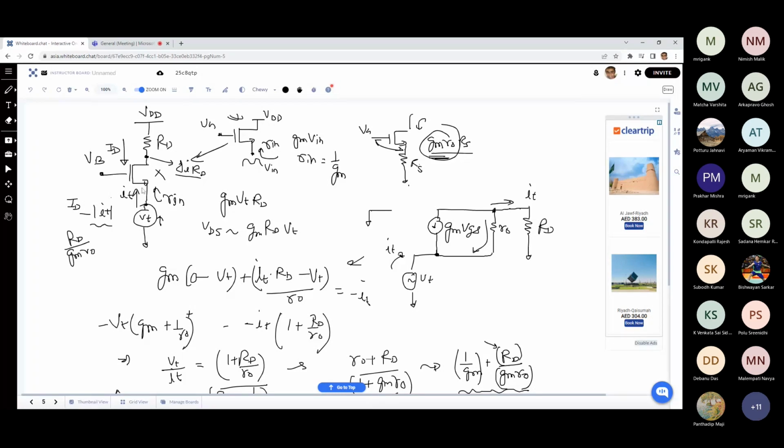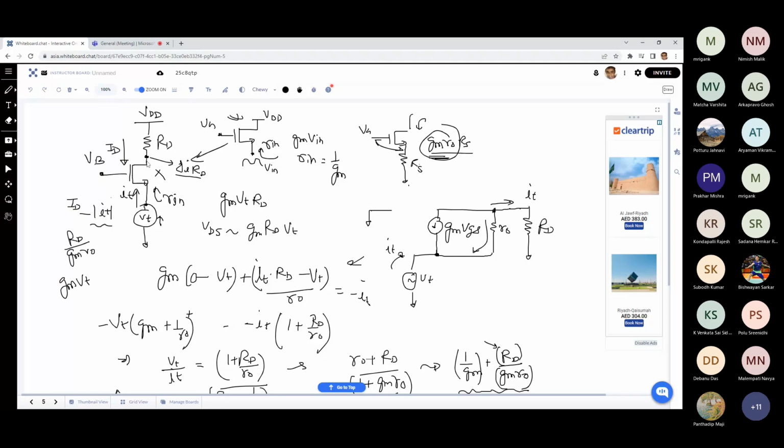And that basically means that if the impedance is getting reduced, then for a given VT, my IT should increase. And that is happening because you are applying the same amount of voltage change to the VGS of the MOSFET, and that is going to result in GM times VT small signal current.